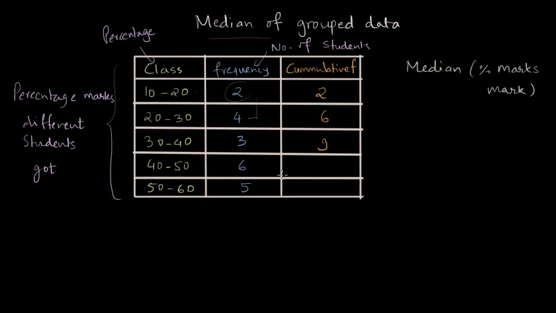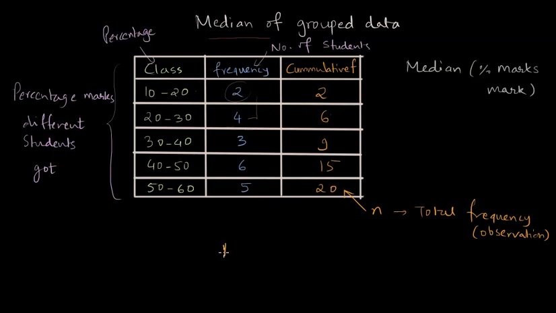And then similarly, cumulative frequency for 40 to 50% is going to be 9 plus 6, which is 15. And for the last class, the cumulative frequency tells you all the number of students. And this is 20. This is also N, or the total students, or total frequency. I'll just write total frequency, or you could say total number of observations. And this is an important parameter for us.